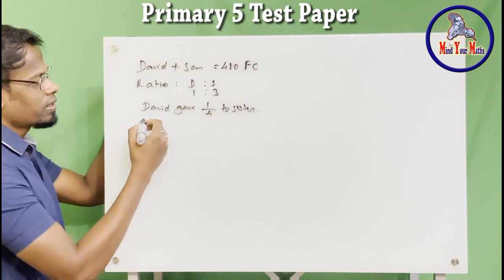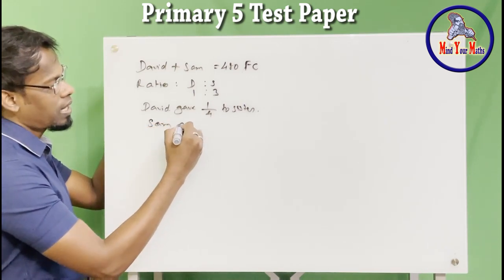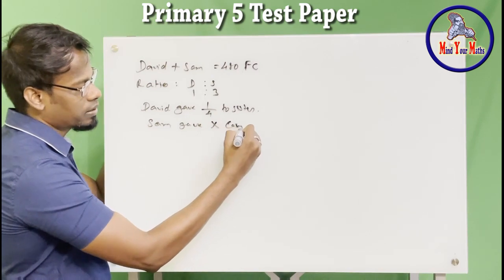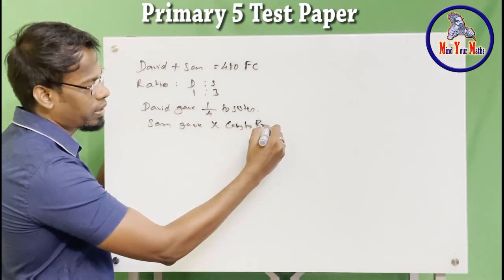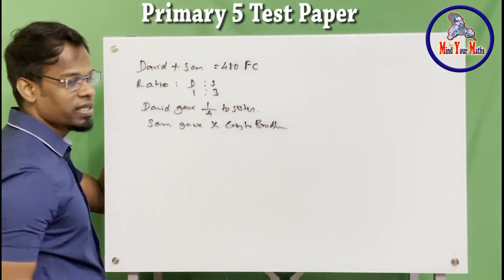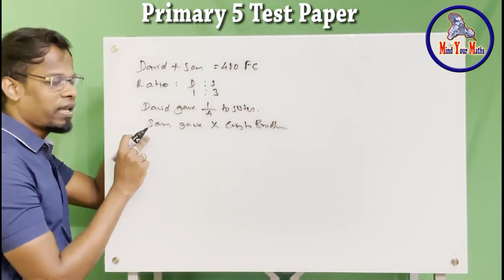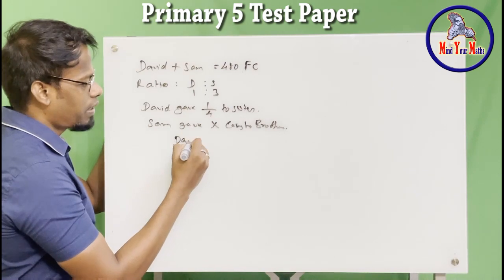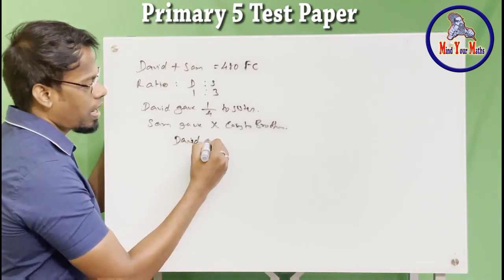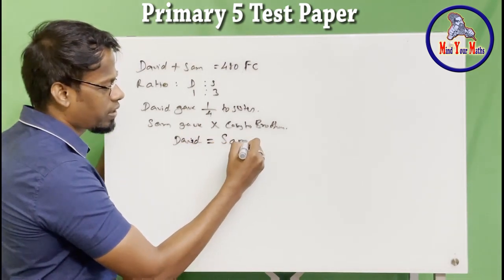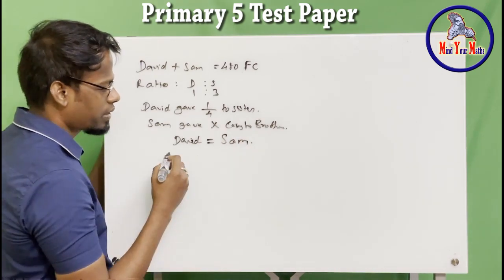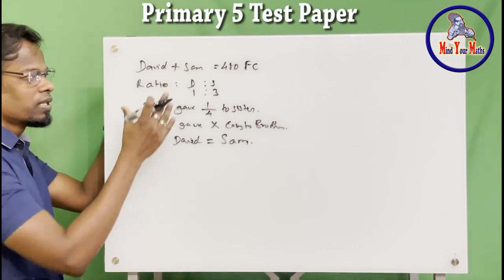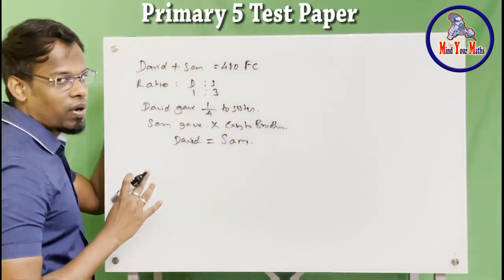And then Sam gave X coins to his brother. It is also given that after all this happened, David and Sam have an equal number of coins. The coins that David has and Sam has are both equal. So this is what is given in the problem, right?